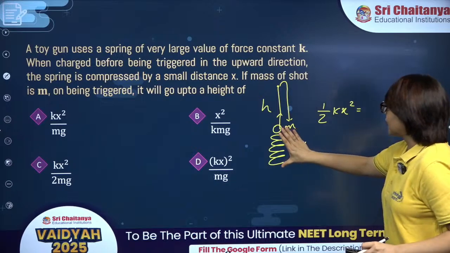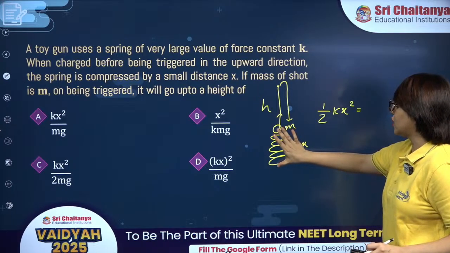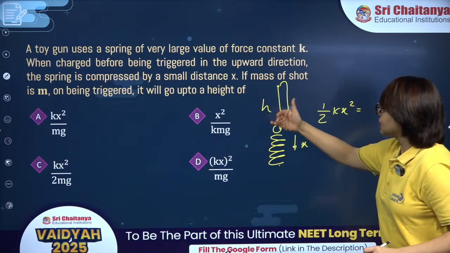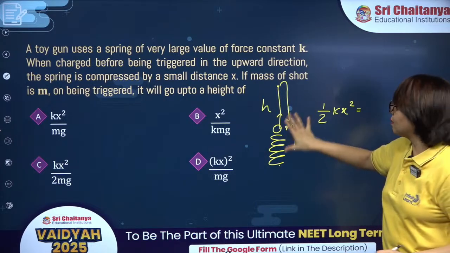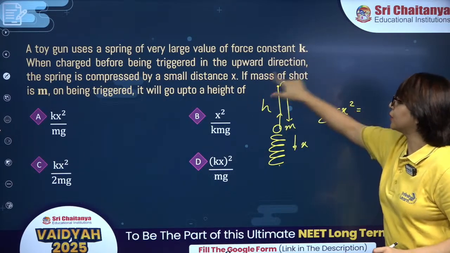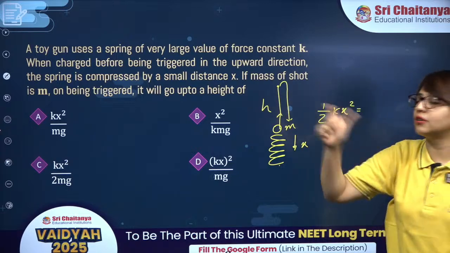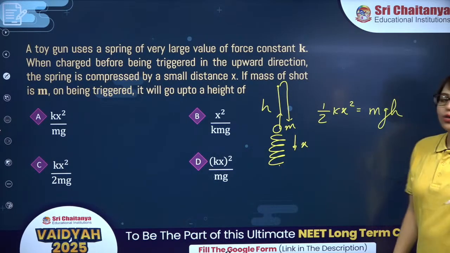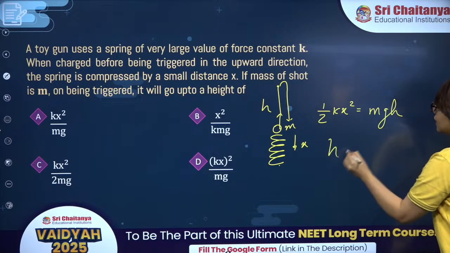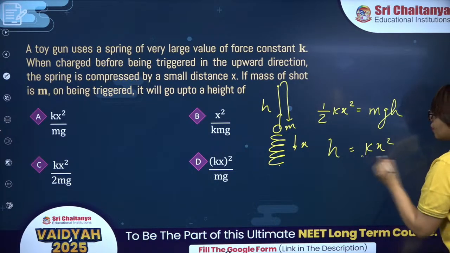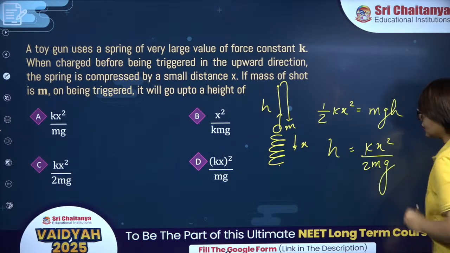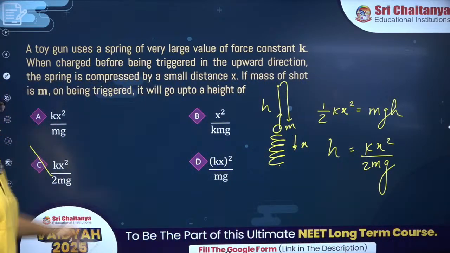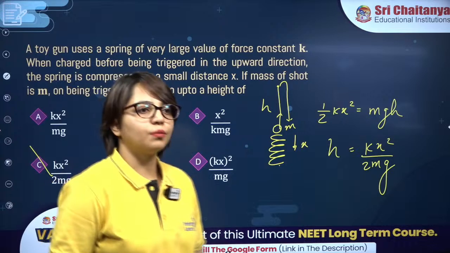With the help of this spring elastic energy, it is gaining gravitational potential energy mgh. So basically half kx square is converting into mgh. So h will be kx square upon 2mg. This is the height gained by the ball. See, the solution is very small.